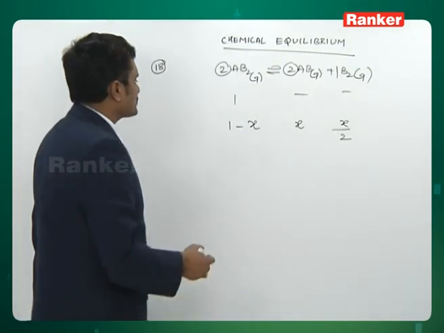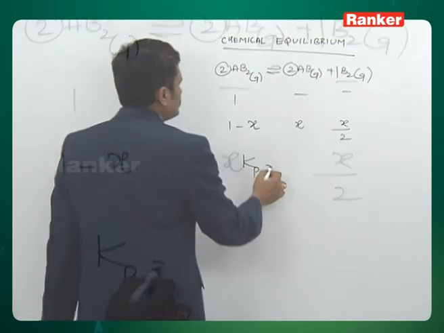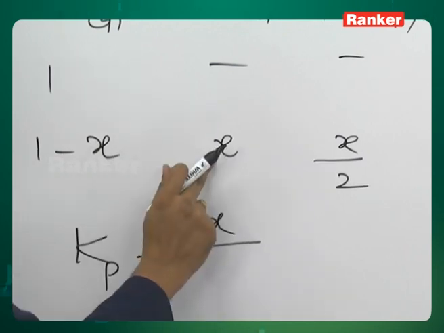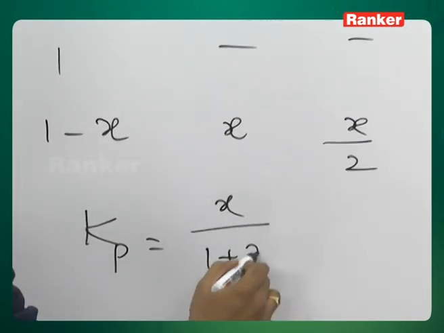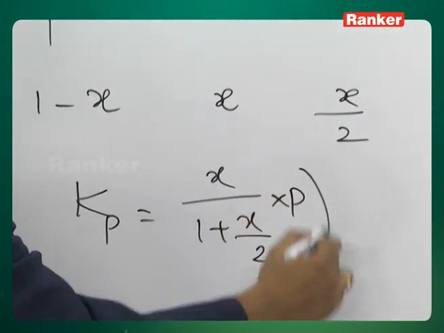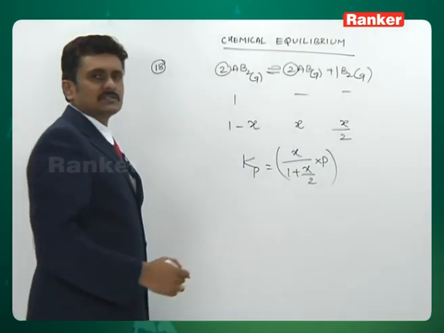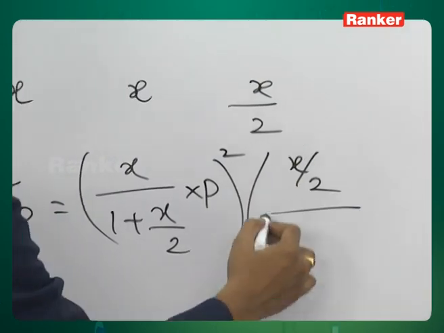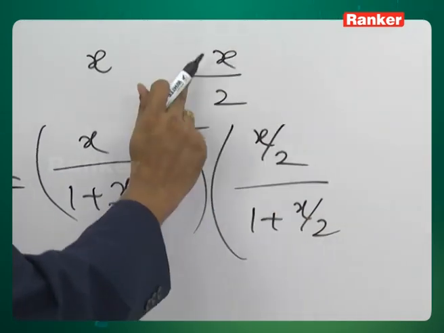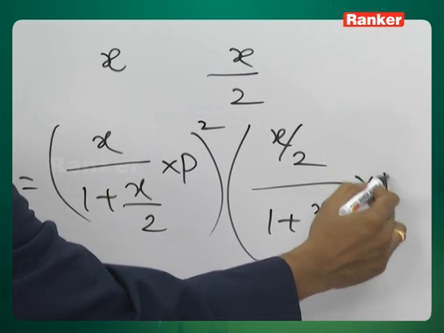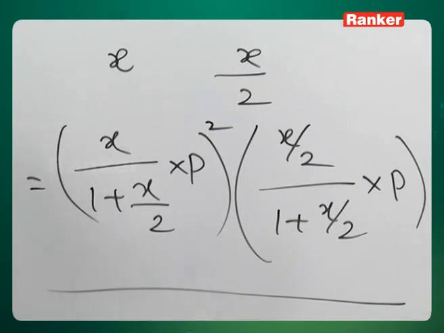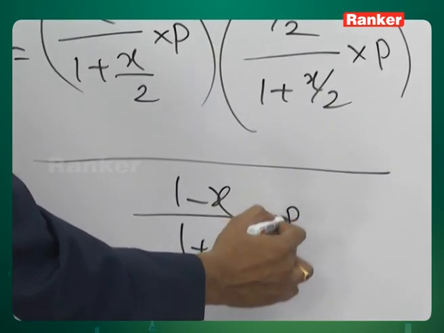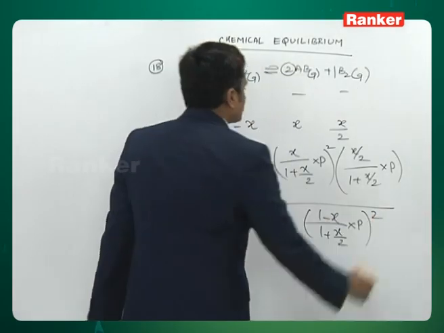Now when I am writing the expression for Kp here, it will be partial pressure of AB square, that is mole fraction, moles of AB by total moles, into, let's assume that the total pressure of the equilibrium mixture to be P, whole square into x by 2 divided by 1 plus x by 2, that is moles of B2 divided by total moles into P, divided by the moles of AB2 by total moles into pressure whole square once again.